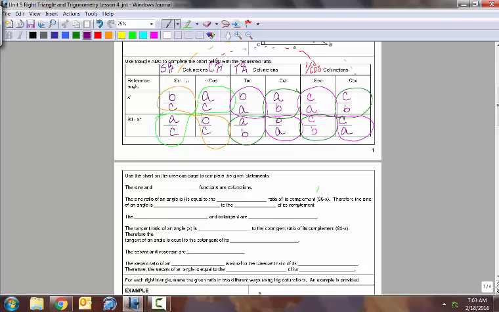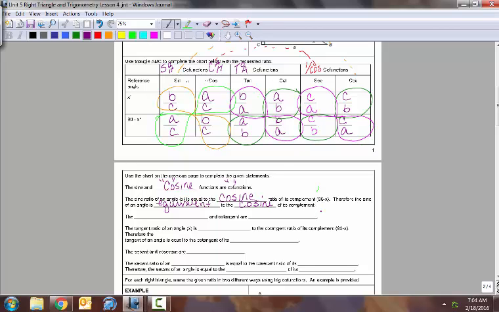The sine and the cosine, it's got the co in there, are co-functions. The sine ratio of an angle is equal to the cosine ratio of its complement. Therefore, the sine of an angle is equivalent, or you could write equal, to the cosine of its complement.